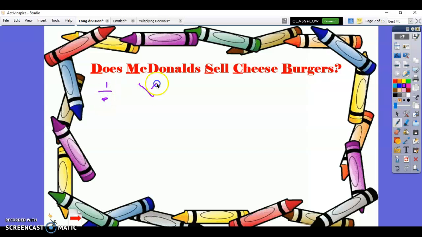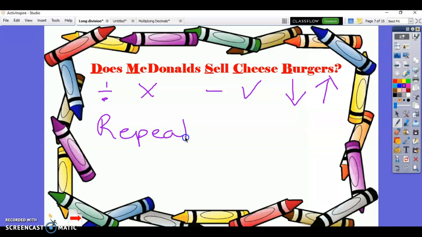M means to multiply. S means to subtract. C means to check. B means to either bring down or bring up. Then after you've done that for the first step, remember that you have to repeat the steps until you are finished with your long division.